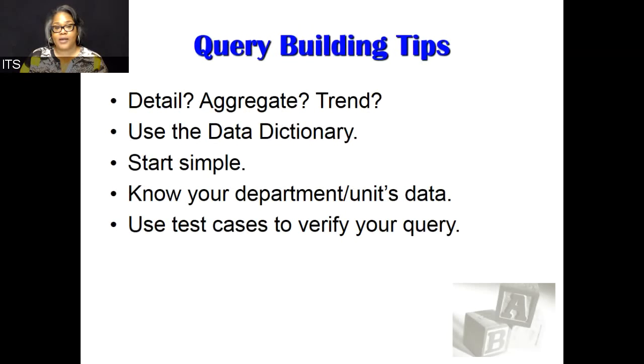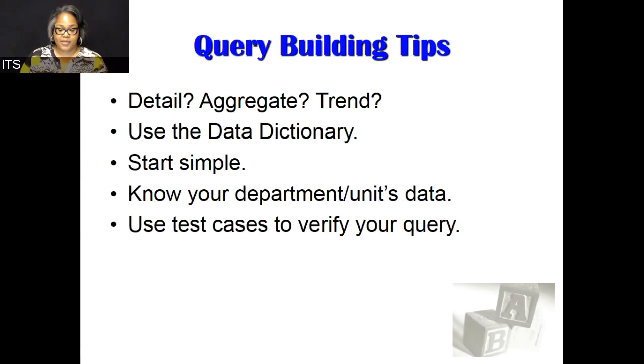So if you're writing a query, you look at your results and you have 50 people in your results and you know there's only 10 people in your department, then you'll know that something is missing from your query. You may have missed adding a date field to your criteria or the info status field.